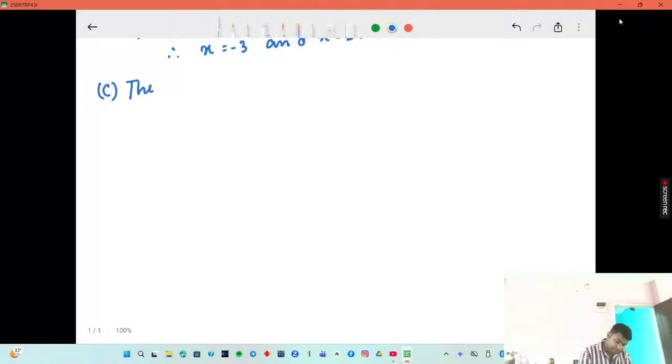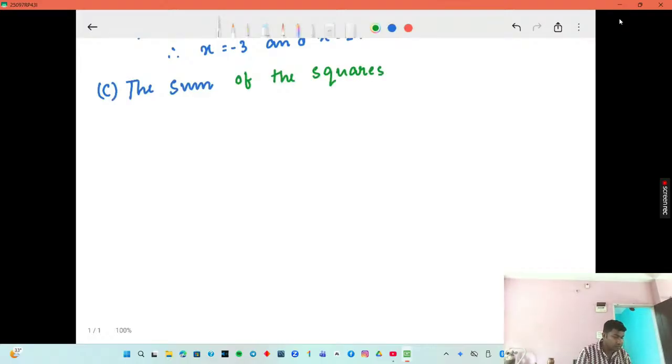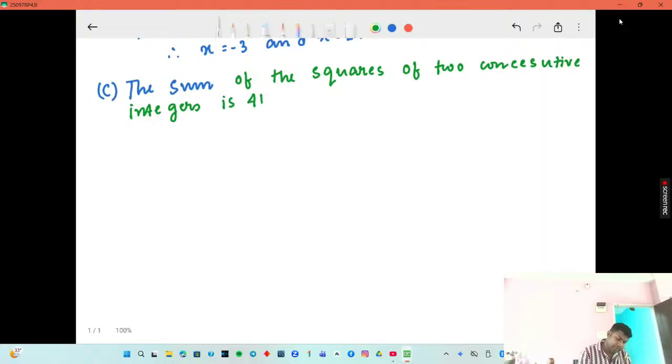The sum of the squares of two consecutive integers is 41.